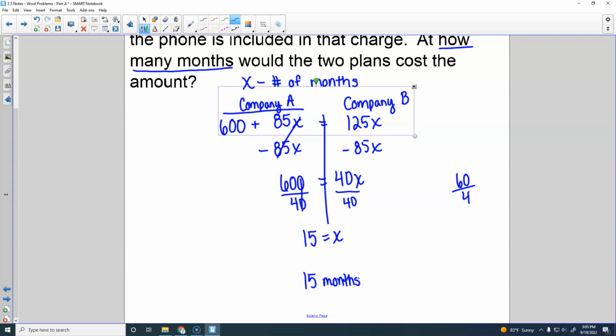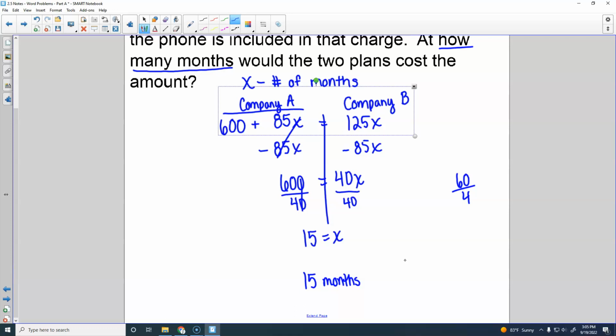So after 15 months, company A is going to actually be cheaper for the long run there. I mean, because you're only paying that $85 per month there. Yes, usually it's at 2 years though.